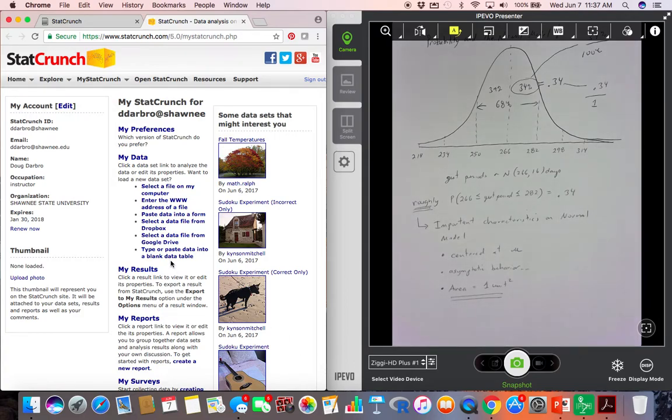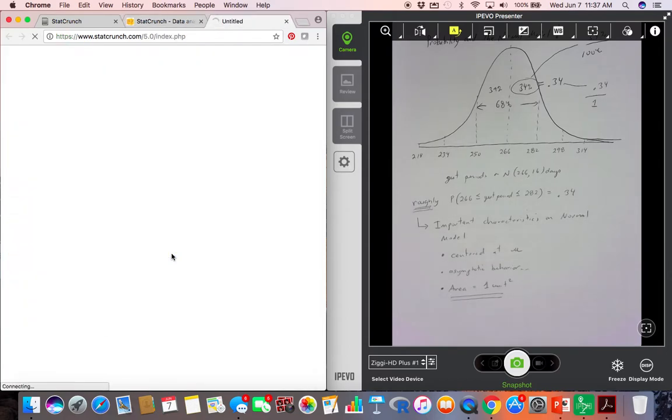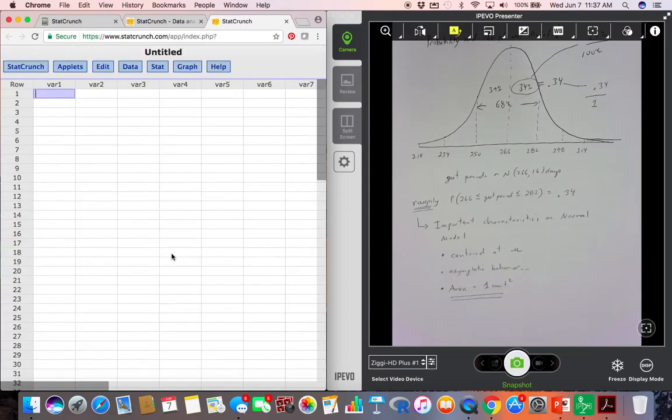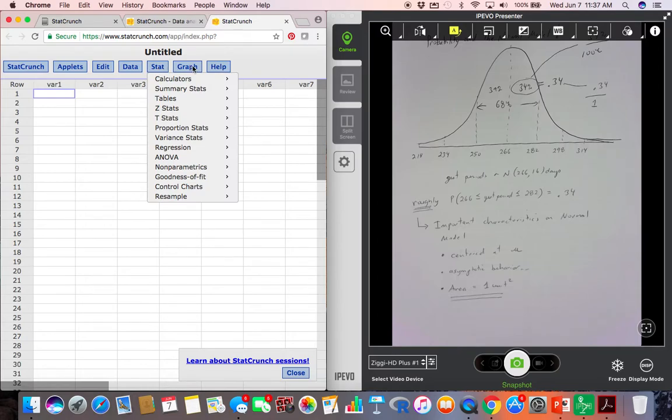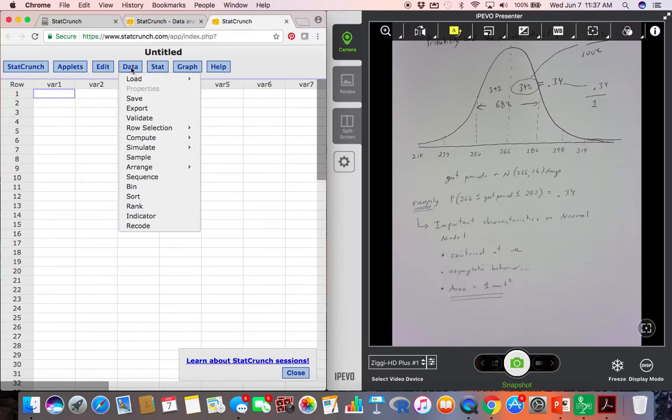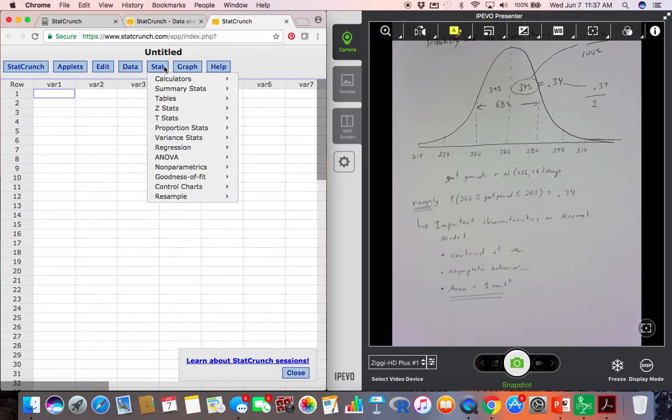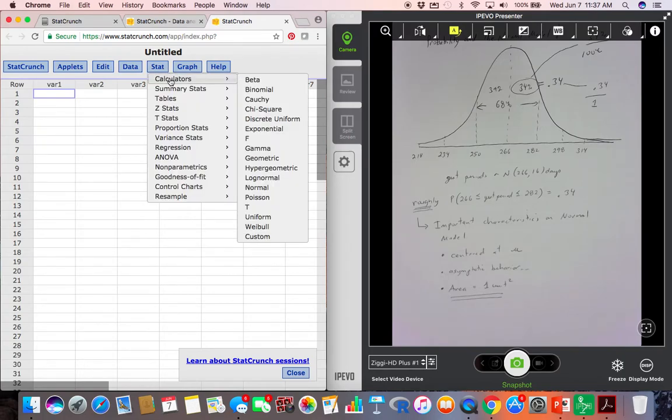Well, guys, it turns out if we go to a blank table, we have some really cool stuff here. If we go under Stat, and go to Calculators, we can come down to a normal distribution.